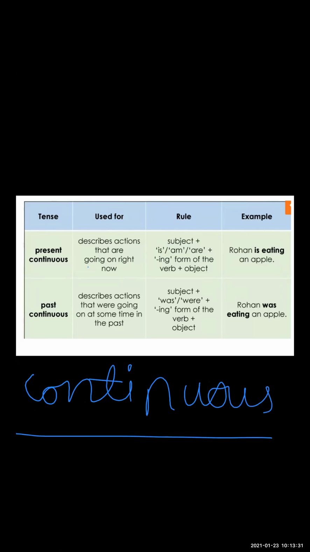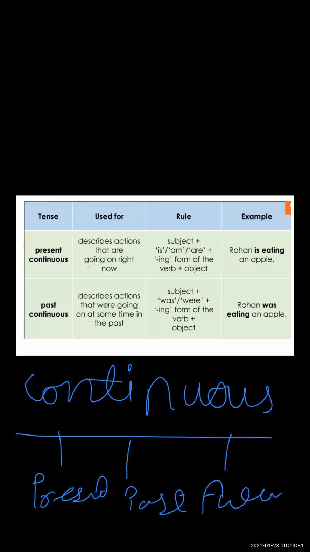In that also you have three types. What are they? Present, then you have past, and the future. These three tenses you have in a continuous tense.